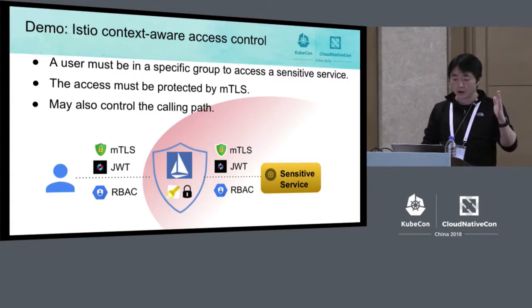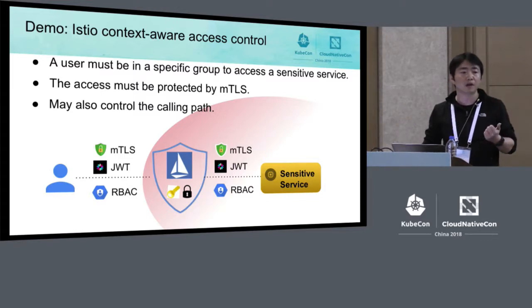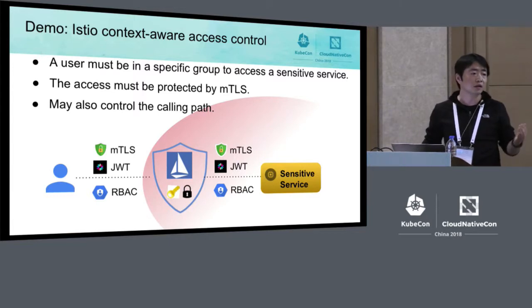For example, if this sensitive service is the billing service, the billing service may only allow the account service to call itself. The benefit of further controlling the calling path is that even if the attacker has a valid JWT, a valid credential, the attacker still will be unable to access the sensitive service, because the attacker simply doesn't have multiple context information to match the policy.